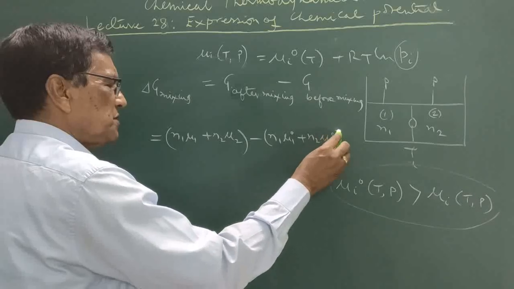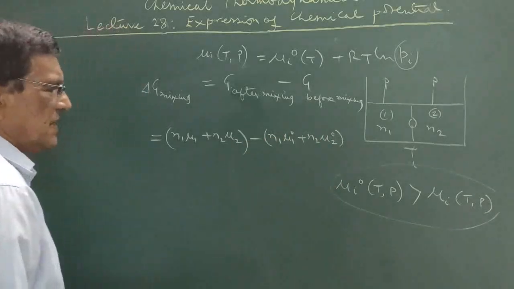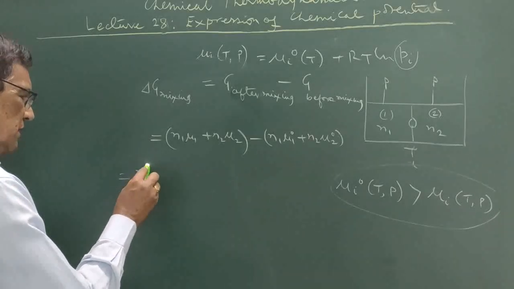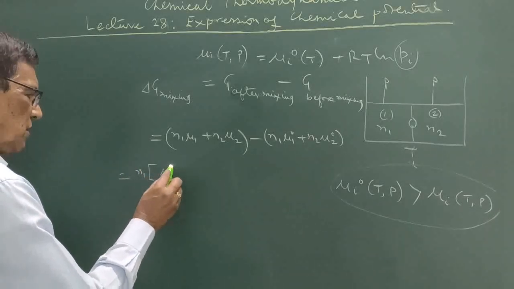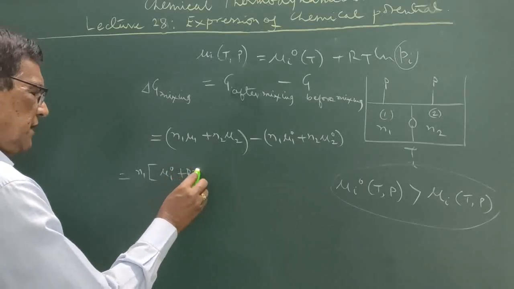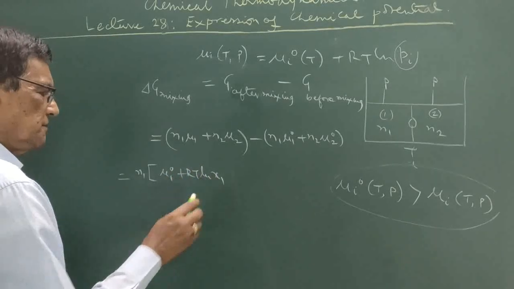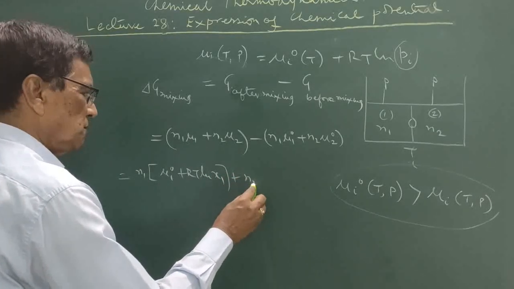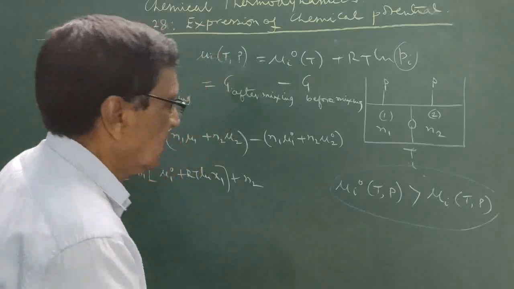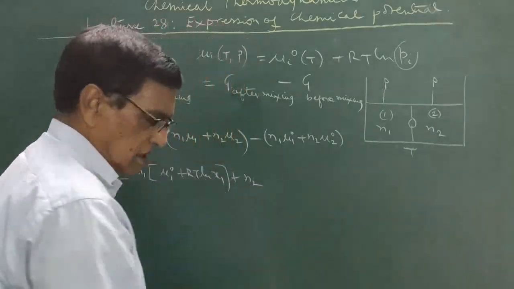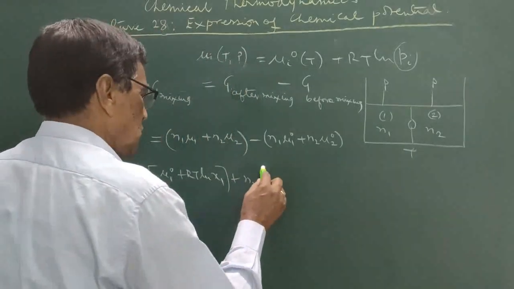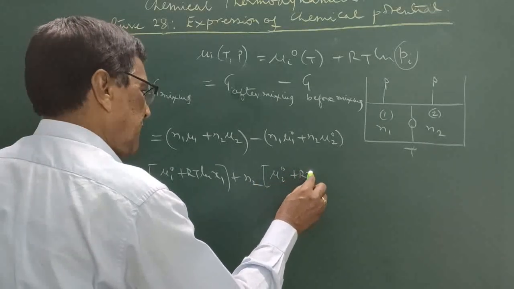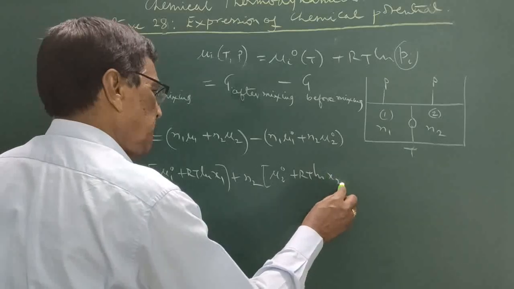They remain in the pure state for these two gases, and this is written as N1 times mu1 naught plus RT ln x1, plus N2 times mu2 naught plus RT ln x2.